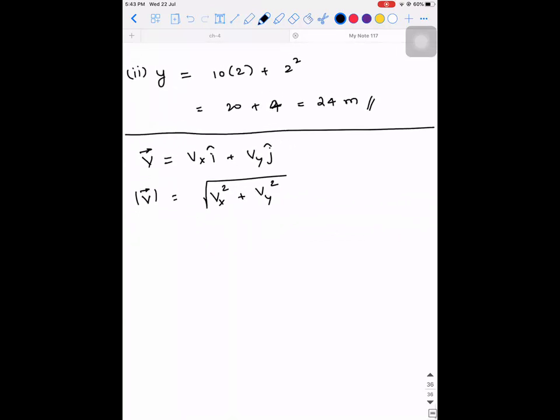Okay. Now how to calculate? For this, apply v is equal to u plus at. But the small change that I'm going to bring is I will write v vector is equal to u vector plus a vector into t. I'm not putting the bar on top of t because t is a scalar.